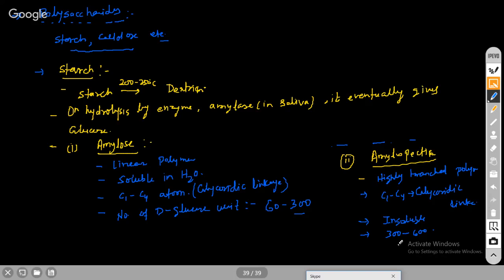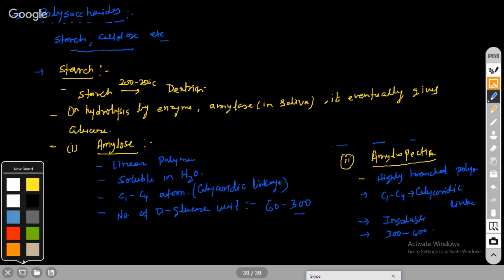Okay. Next, write down protein, amino acids, and polypeptides. See, in this one, heading you write down proteins, amino acids, and polypeptides.